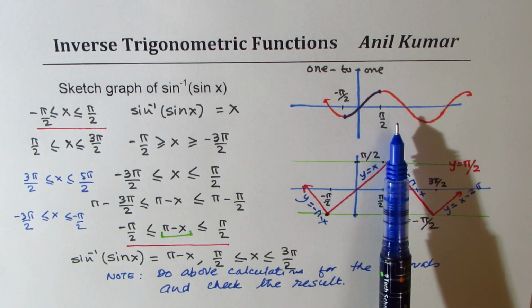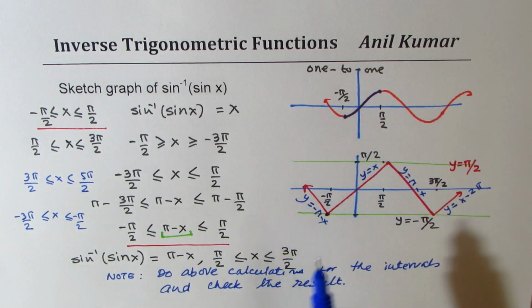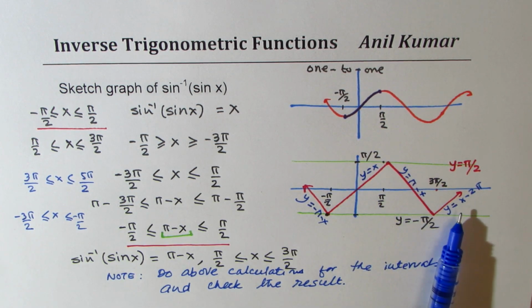In all other intervals, the sine is periodic, so it could be related with pi plus or minus the theta value. So I hope that makes sense, you can say, correlated angles. So all other values are correlated values, correct? So that is how you get your result.